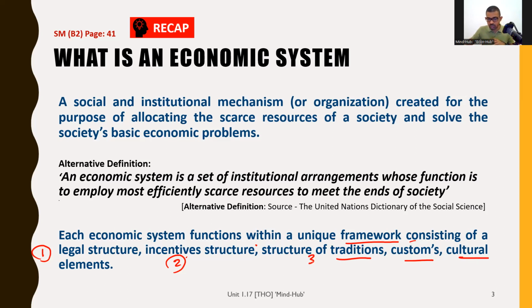These three things together create what we call a framework. Within that framework, there are institutions that operate and interact with each other in a certain organized mechanism with a certain arrangement to allocate our resources and solve our basic economic problems. Now, last week when we wrote the definition, we did mention these basic economic problems.